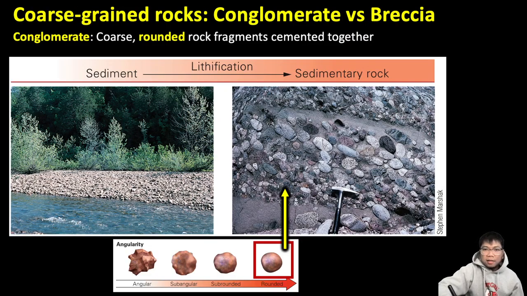So let's take a look at the coarse grain rocks, conglomerate versus breccia. What is the main difference between the two? First of all, conglomerate, as we already know, consists of coarse fragments of rocks, and those fragments are rounded. So for example, here we have some rounded pebbles, and more rounded pebbles.